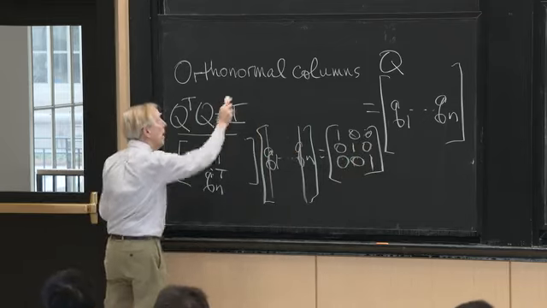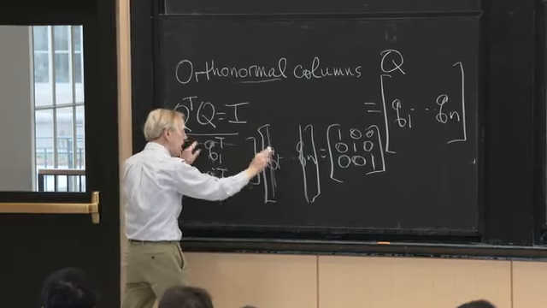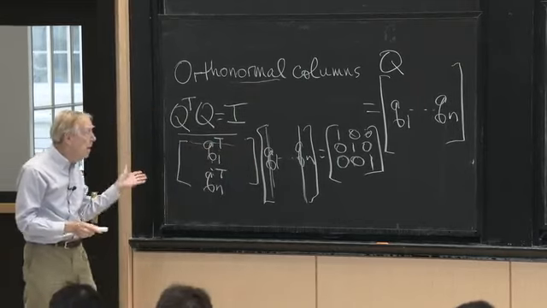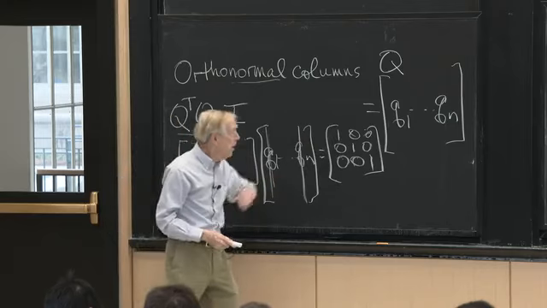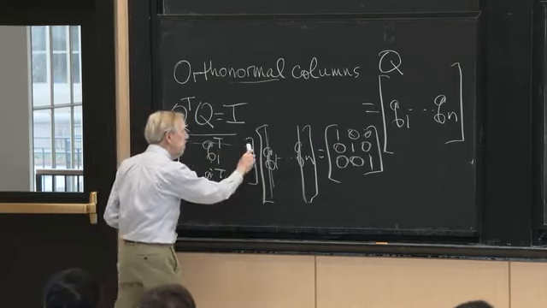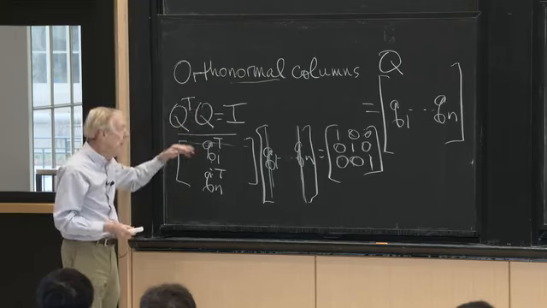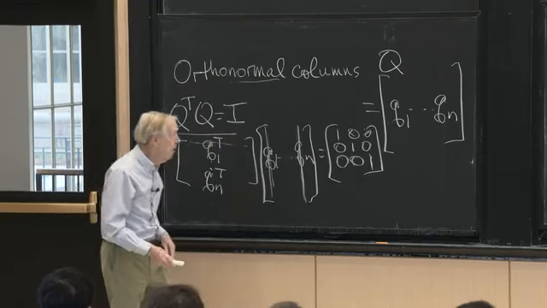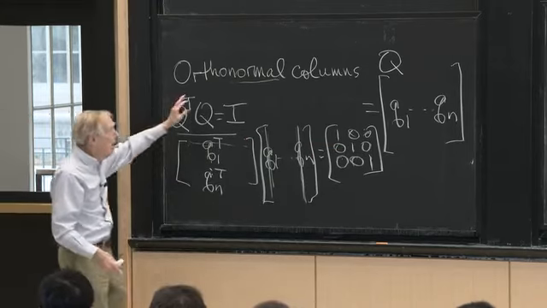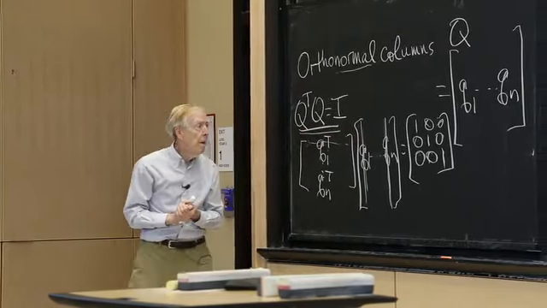Because the normal part tells me that the length of each vector squared, Q transpose Q, the length squared is 1. So that gives me the 1 in the identity matrix all along the diagonal. And then Q transpose times a different Q is 0. That's the ortho part. So that gives me the zeros. So that's a simple identity, but it translates a lot of words into a simple expression.